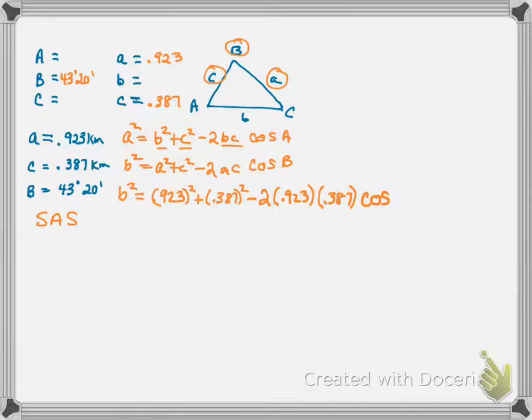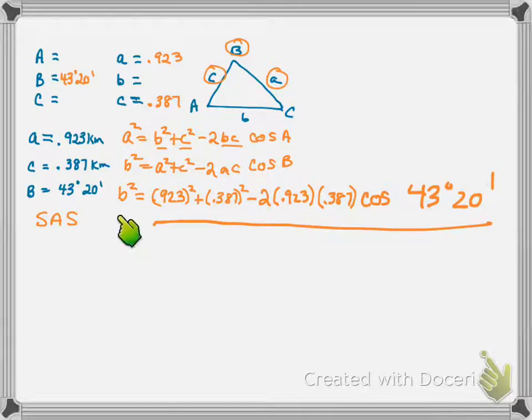So the cosine of 43 degrees, 20 minutes. So right there is all of the stuff I need to type in the calculator to get b squared.